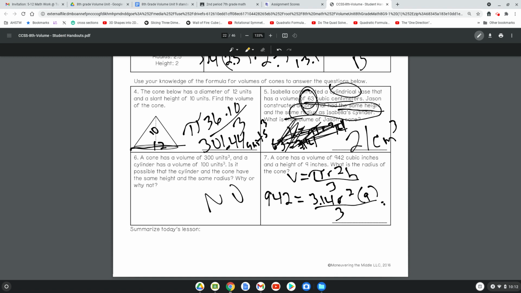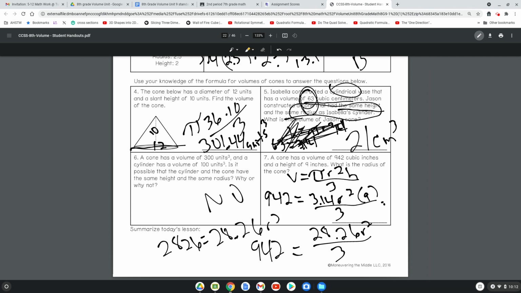And then so then you have 28.26 r squared divided by 3 equals 942. So how do you get rid of that dividing by 3? You times by it on each side. So 942 times 3. So that gives us 2826 equals 28.26 r squared.